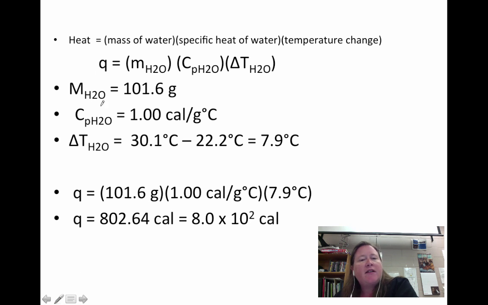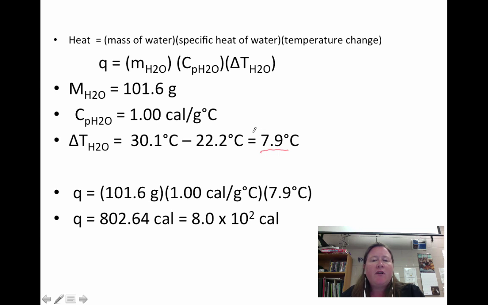In this case, the mass of the water is 101.6 grams. The specific heat of the water we know to be 1.00 calorie per gram per degree Celsius. The change in temperature of the water is your final temperature, 30.1 degrees Celsius, minus 22.2 degrees Celsius, which gives us 7.9.